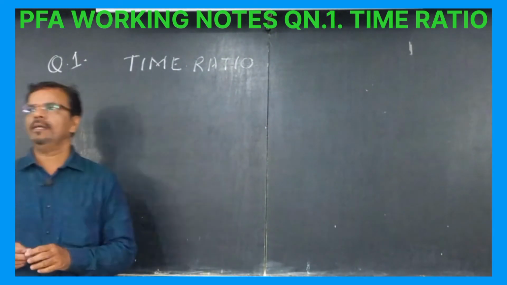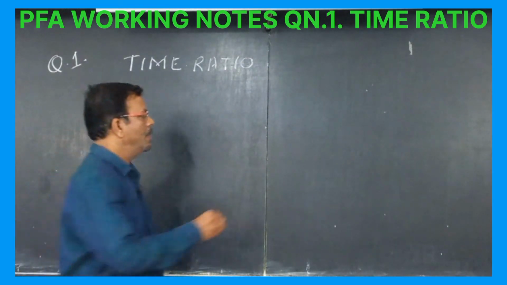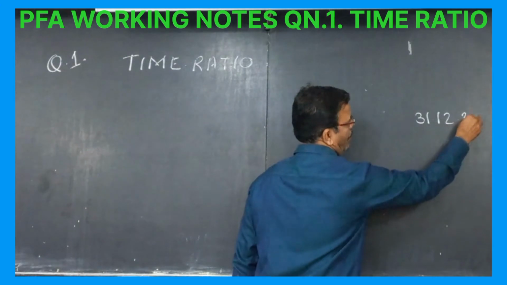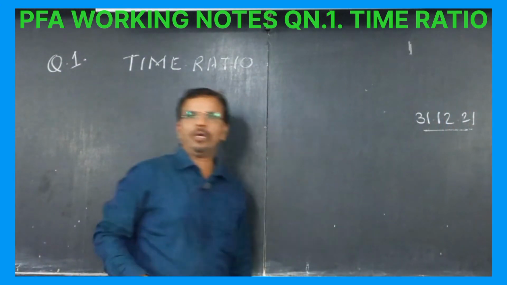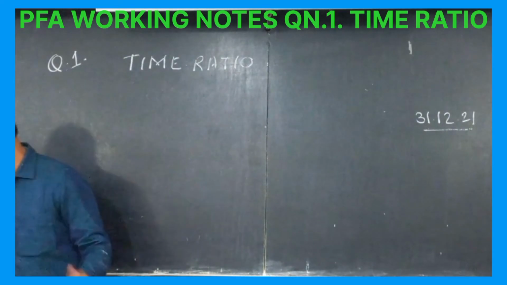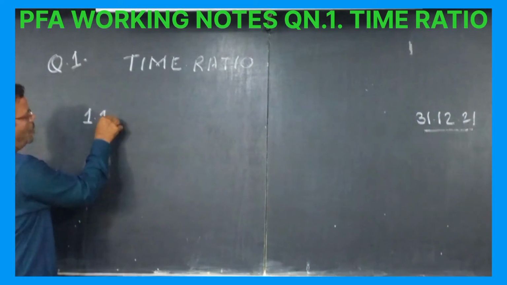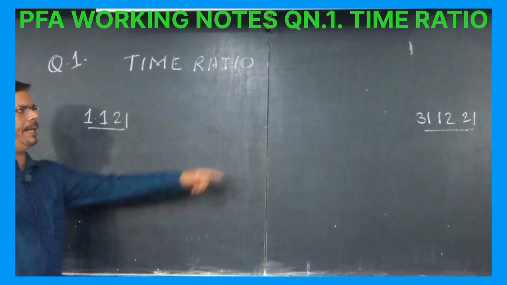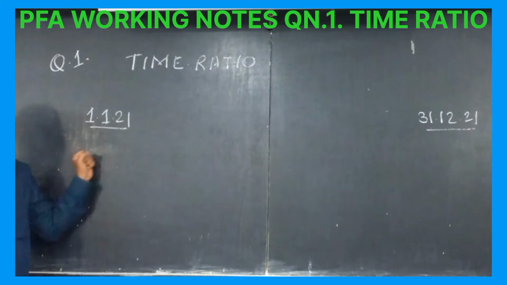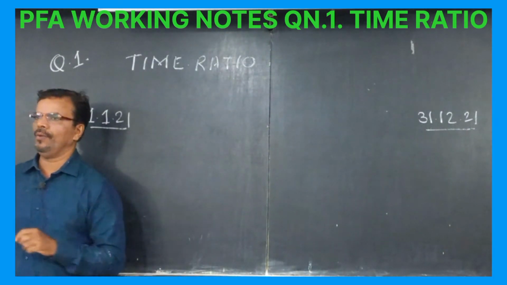Now in this case, the trial balance is given at the end of the year. So what year end is given? 31st December 21. With the help of this December, we will find the 1st January 2021. We know that we are going to start from 1st January 21.